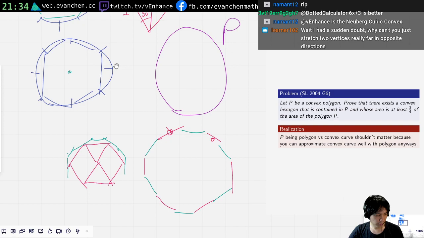Why can't you just stretch two vertices really far in opposite directions?